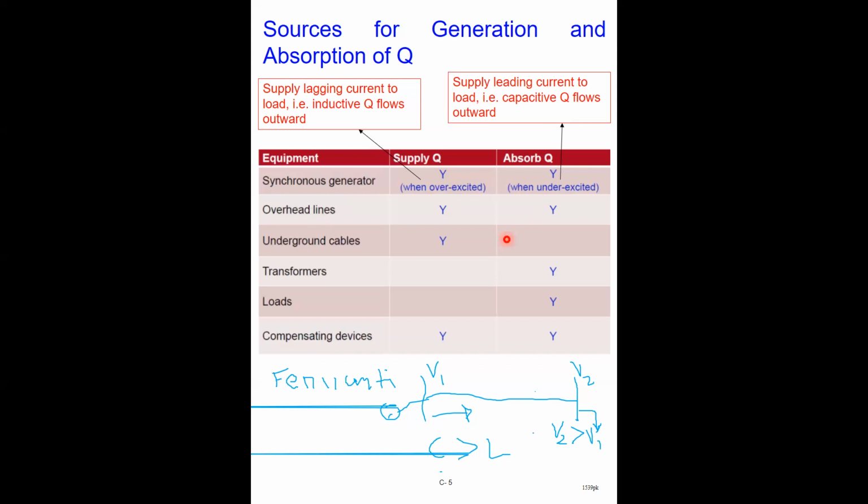So the situation is a little bit tricky when you have to maintain a balance between reactive power generation and absorption, because you have the generator, the line, the cable, the transformer, and the load as well, which is always time varying. So it is very tricky to maintain a balance of reactive power in your complete network.